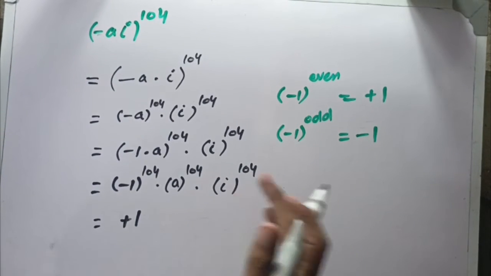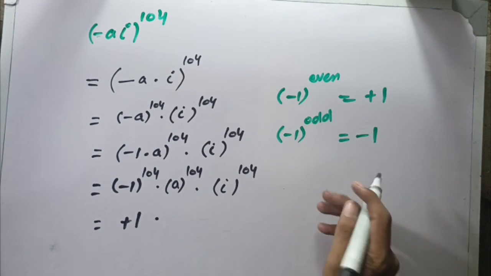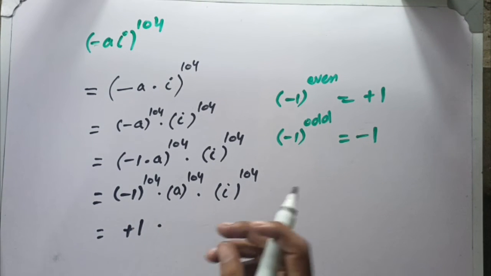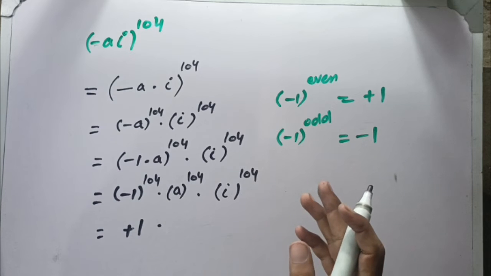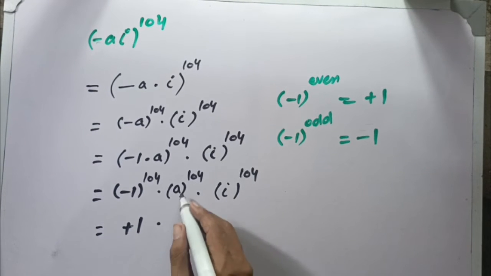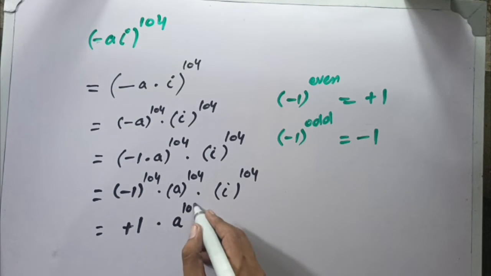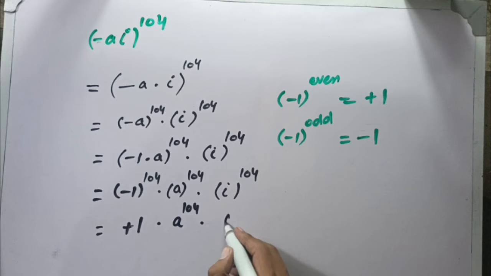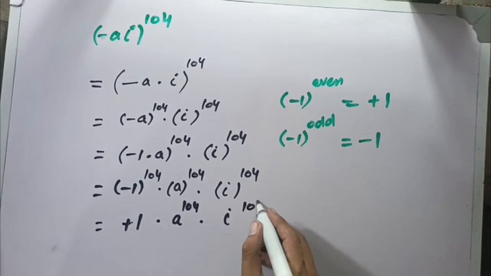The power of 1 is always 1. Now we have a raised to power 104 multiplied by iota raised to power 104.